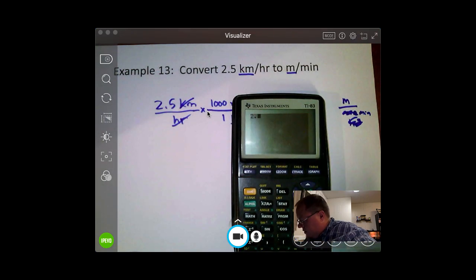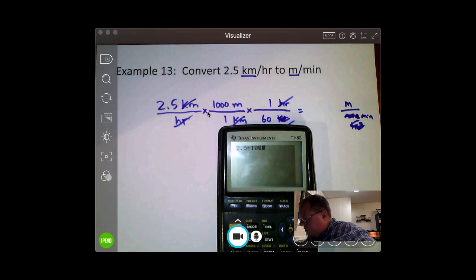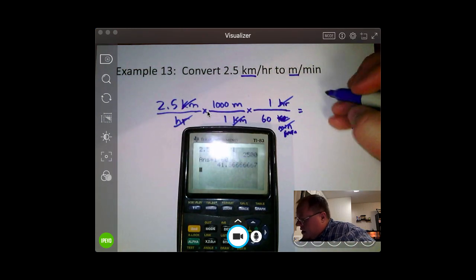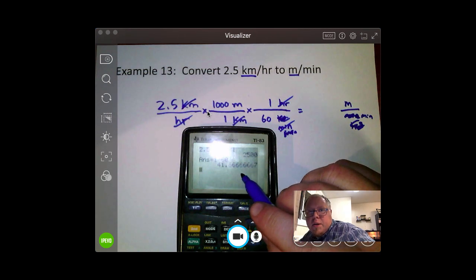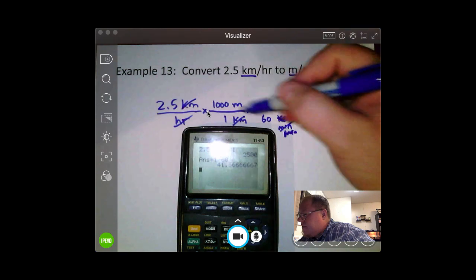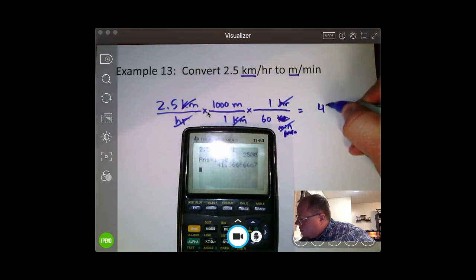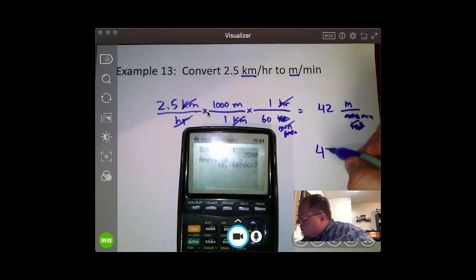So 2.5 times 1,000 over 1 times 1 over 60. So this is going to be 41.666 repeating. This is how they're defined, and this is how they're defined. So infinite sig figs, but this one only has 2, so I'm going to round that up to 42. So it's 42 meters per minute.